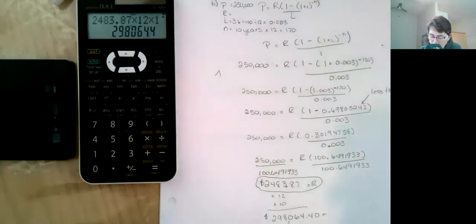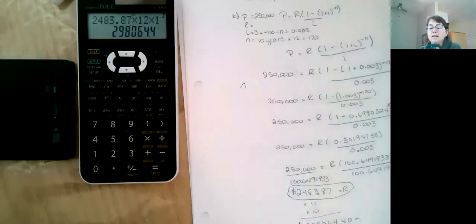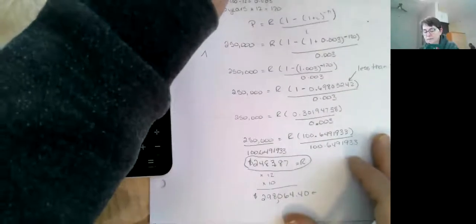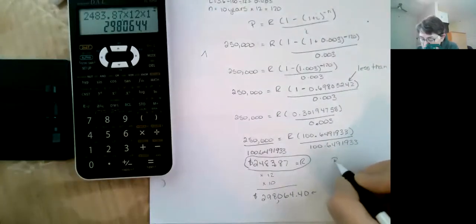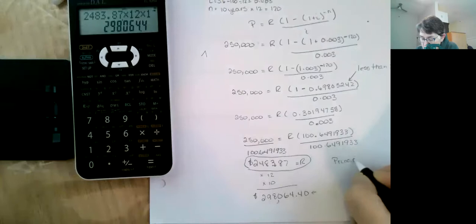I want to do one more check again. It's a long calculation. It's worth it to see if it's reasonable. His principal was $250,000.